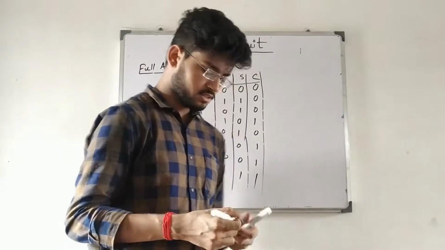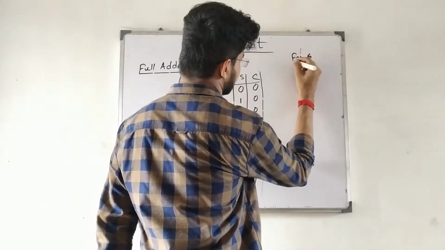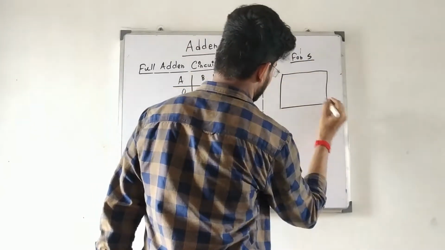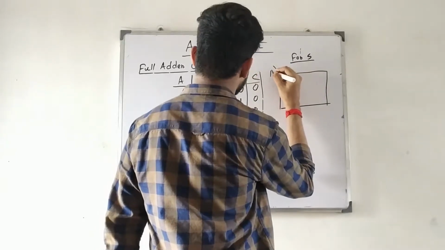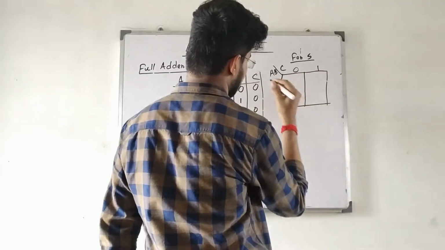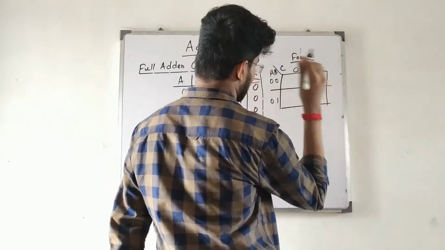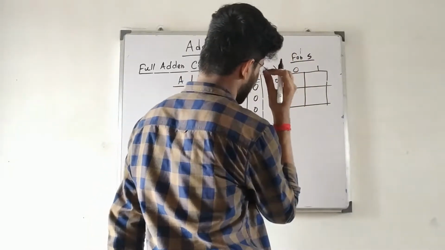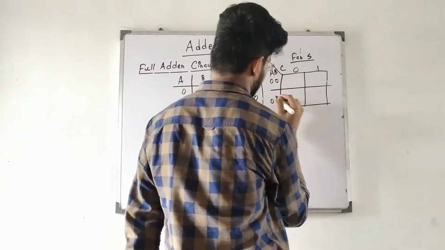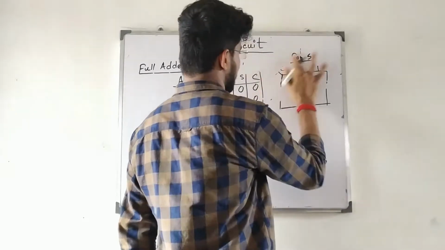So what will be the expressions? If we take the K-map for S, this is AB and this is C. The AB combinations are 00, 01, 11, 10, and C is 0 and 1, so these combinations will be possible.